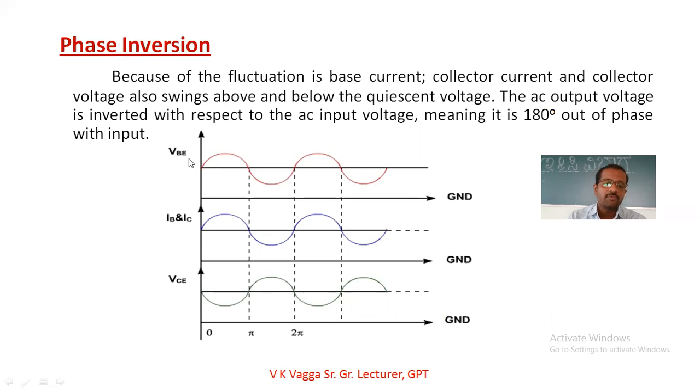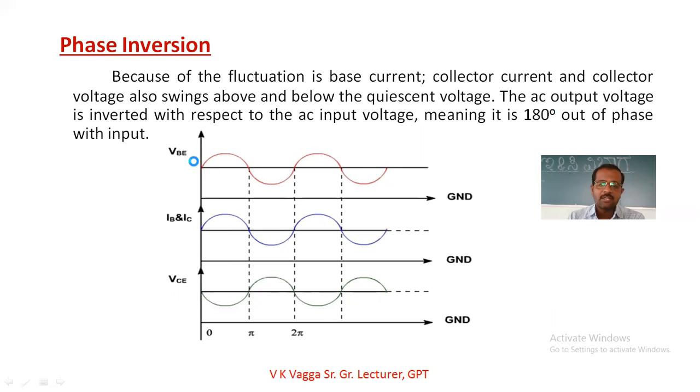If you consider the input voltage as VBE and apply the input as a sine wave, IB and IC are the same, and VCE is the output, which has a 180 degree phase shift. You can see that for the positive half cycle, the output will be the negative half cycle. In the same way, for the negative input, the output will be positive.